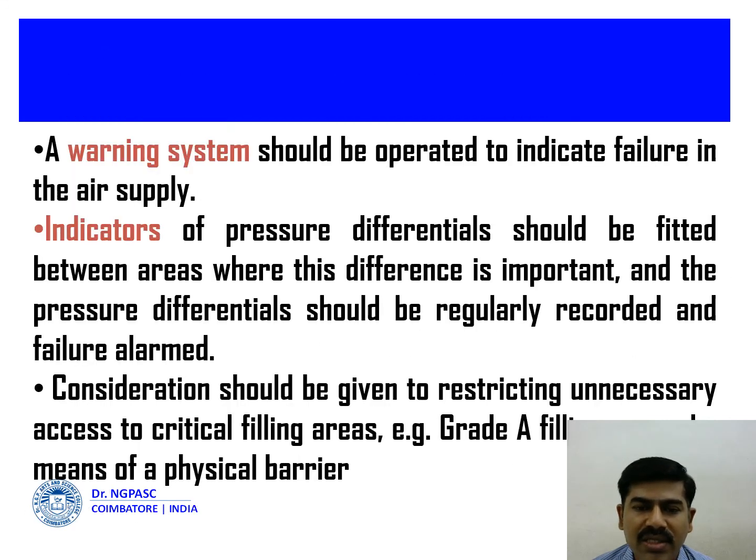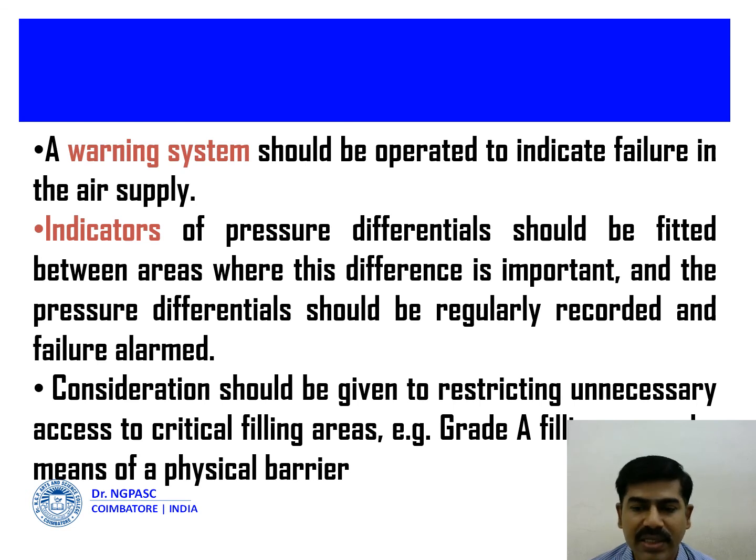So warning systems should be operated to indicate failure in the air supply, because air is a must for the personnel. The air should contain only air, not dust or other particles, so it has to be maintained in sterile form. It has to be filtered with a series of filters, such as 0.5 micron, 0.4 micron, and 0.2 micron.